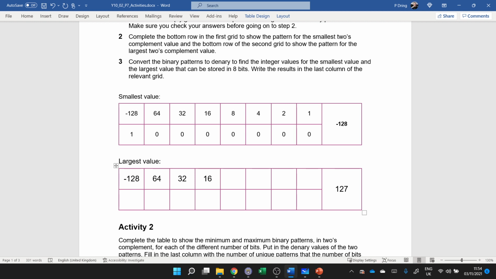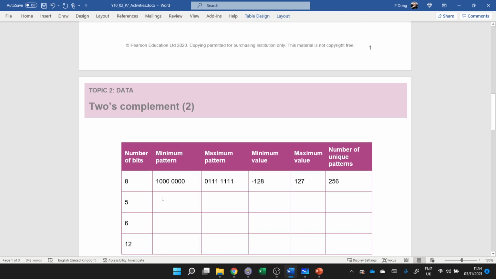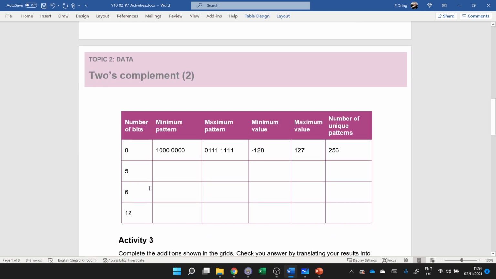And remember there's only one combination of these bit values for any denary value. There's only one way of representing each number in binary. So for the largest value, the most significant bit is set to a 0 and all of the rest are set to a 1. That helps you with activity 2 because we're now thinking about a different number of bits.